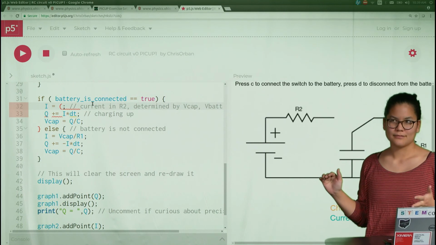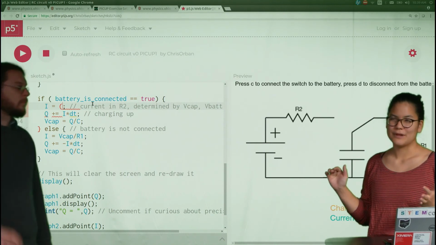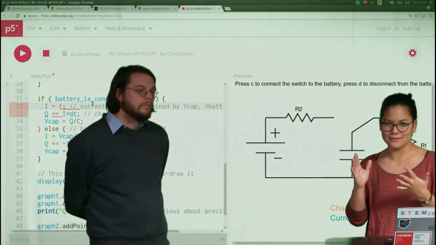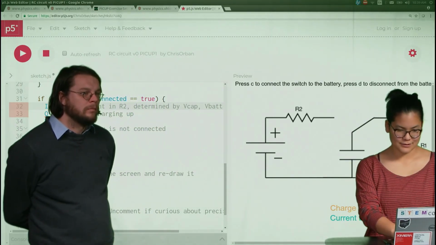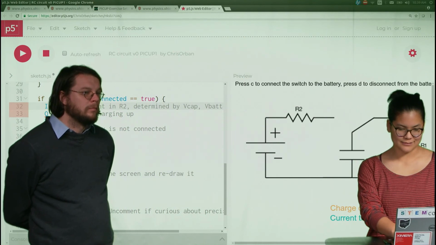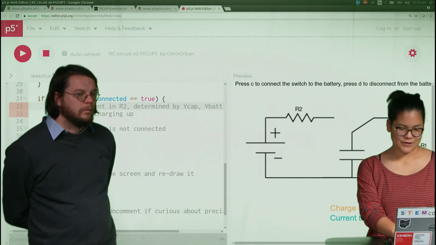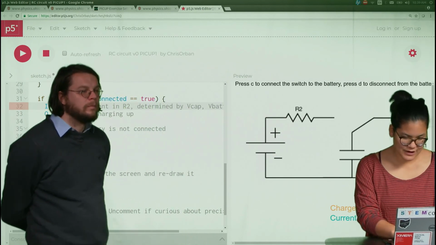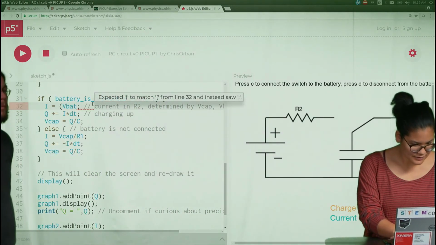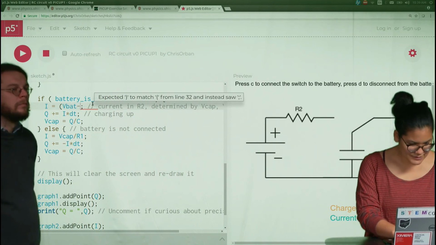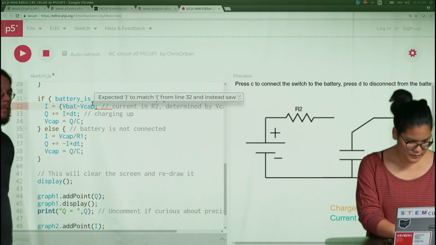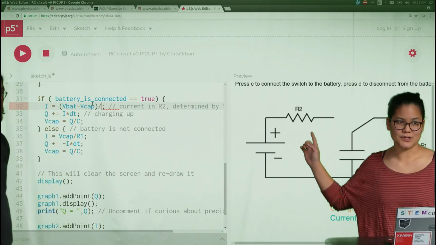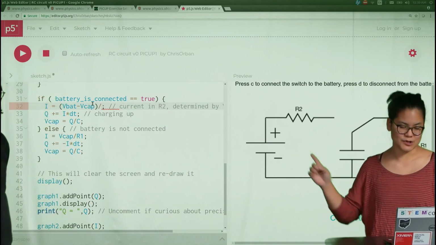So if we have this expression V equals IR, I equals V over R, and we found that our voltage here is going to be V battery minus V cap over the resistance in the resistor that's in this circuit, which is here, R2.